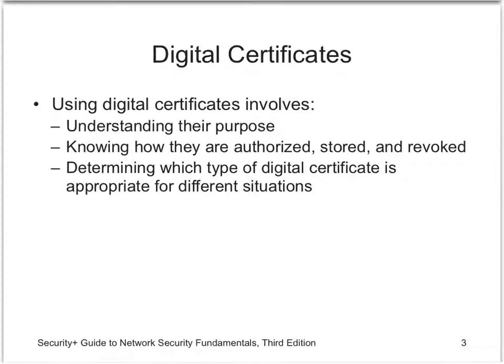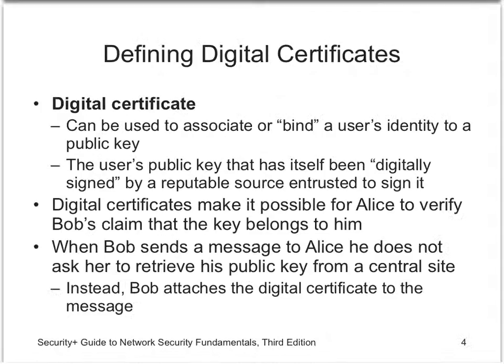So right at the beginning of encryption, one of the things you did when you sent an email was you had a digital certificate it created along with that encrypted key. And the purpose of a digital certificate can be used to associate or bind a user's identity to a public key.